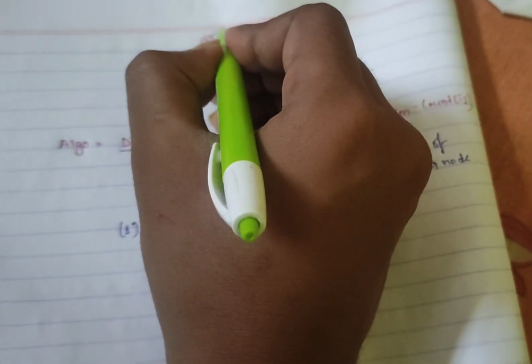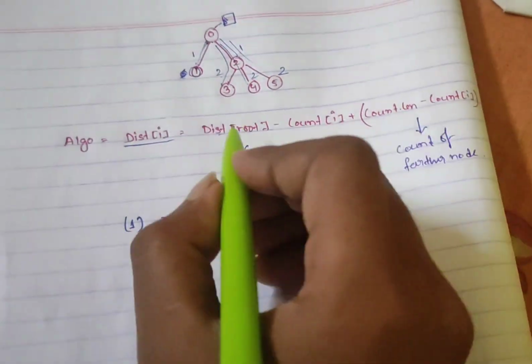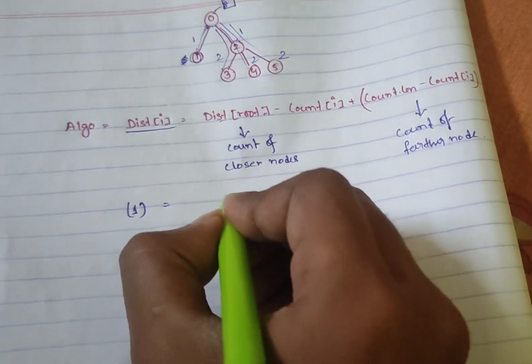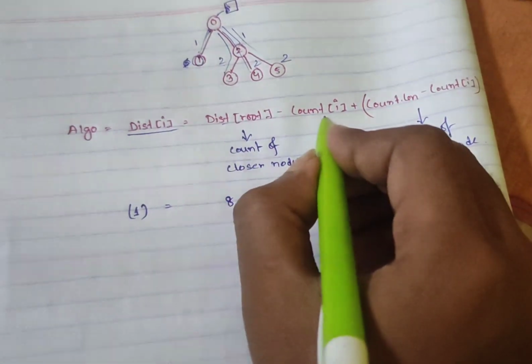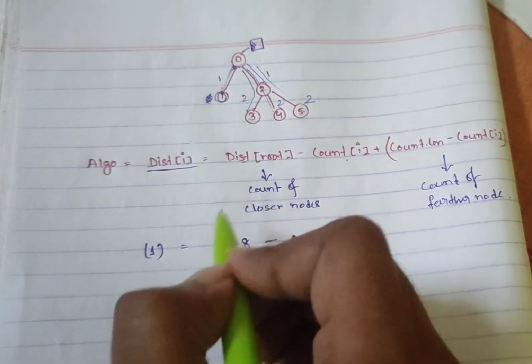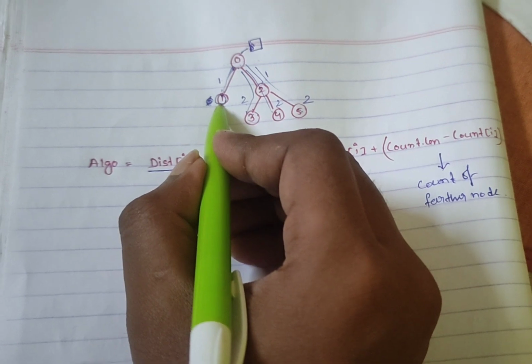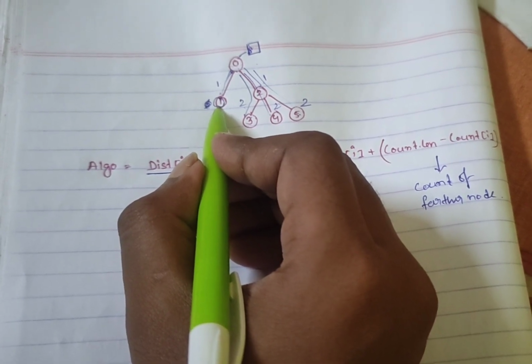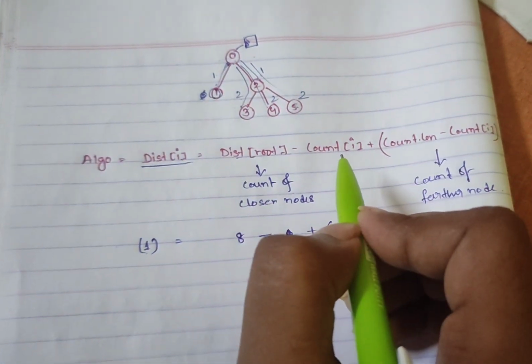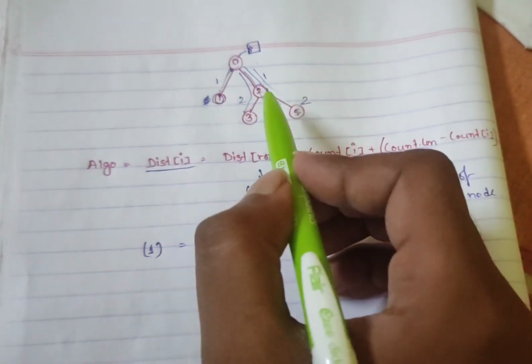For 0 it is 8. So distance root is what? 8 minus count of I. Count of I is what? For 1, count of I is what? This is basically the closer nodes.